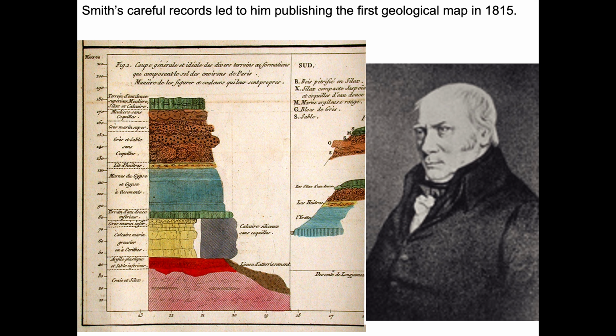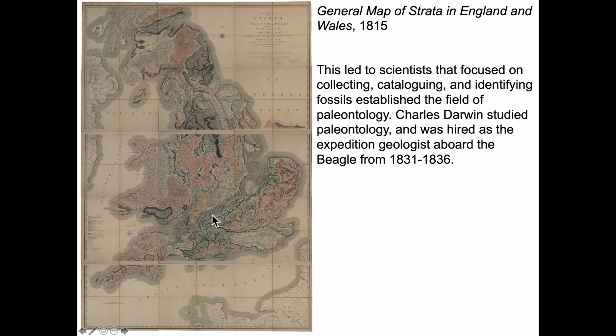So get ready for it. There's a reconstruction of this map, which looks just like this, not too far from my office in the geology building. It's on the second floor near the dinosaur skeletons, which you'll be able to see when the university is reopened. So this is a map of the strata of England and Wales, published in 1815.